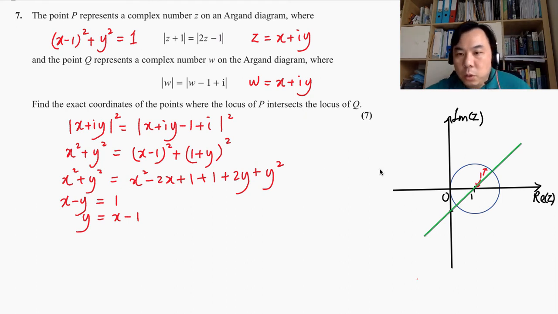Alright, so you will notice that this is actually a perpendicular bisector for this line here. So there is a point origin, and then there's another point which is (1, negative 1), which is here.